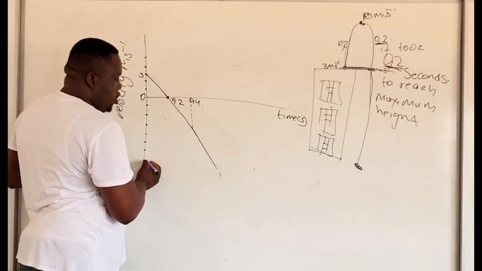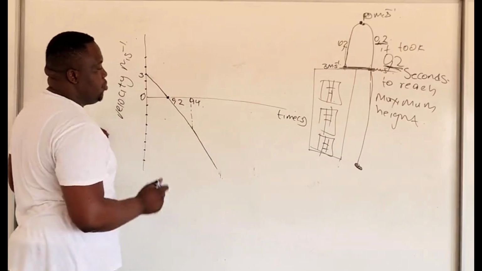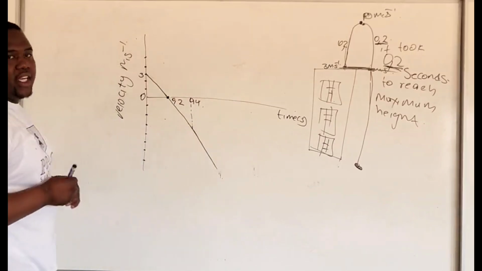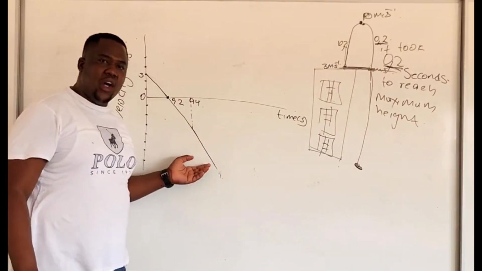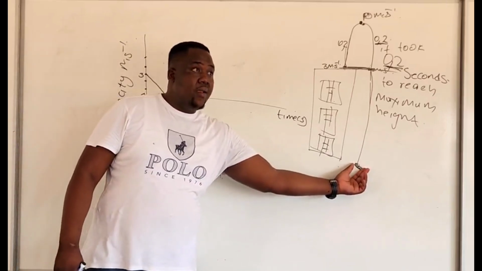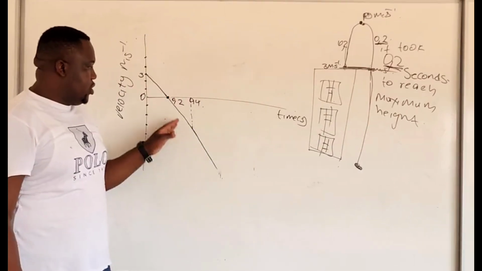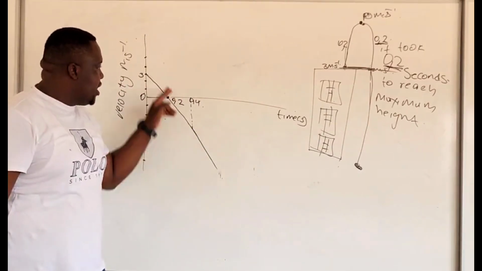We are not going to plot anything here, and even the time, we are not going to plot anything. Why are we not plotting anything? That is because we are not given the final velocity that is here, and we are not given the time from this point to this point. So we're just going to draw a line which is longer than this side.